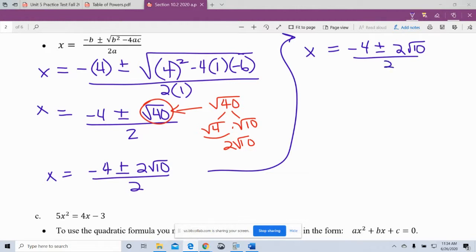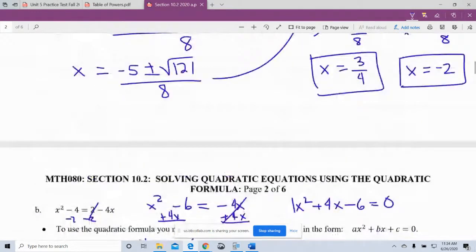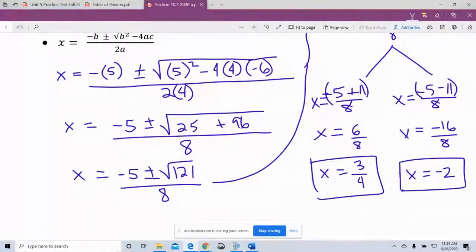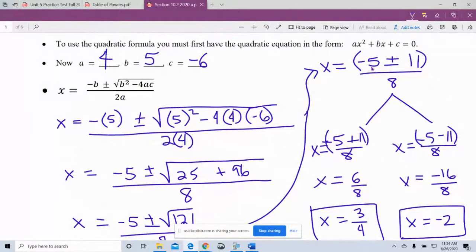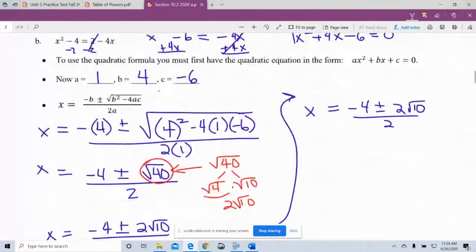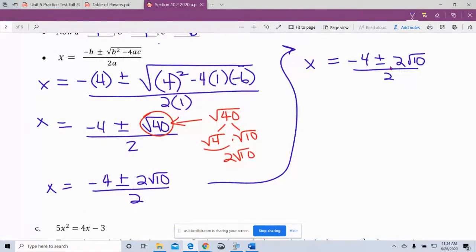The first thing I notice is that unlike in example 1, where the two numbers that we had to add or subtract were like terms, here the two numbers that we have to add or subtract are not like terms. This one is just an integer. This one has a square root of 10 in it. That one doesn't. They don't have the same matching radical. Therefore, I cannot combine those two.